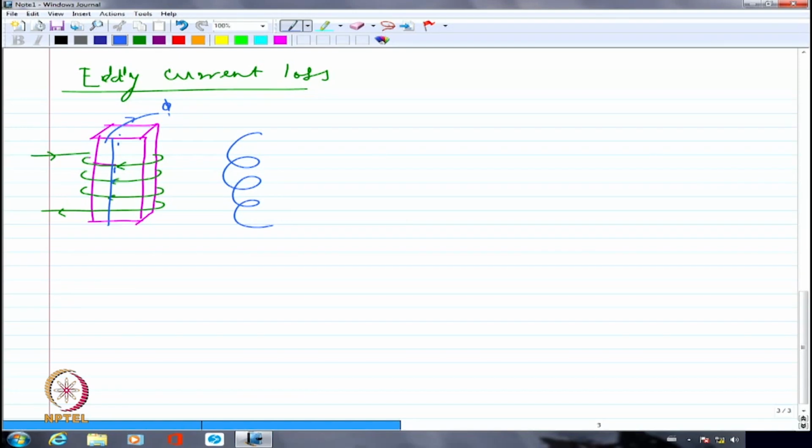But the core which is a conductor, that is also not going to keep quiet. That will also definitely have an induced EMF. So I will have an induced EMF in the ferromagnetic core as well because of the rate of change of flux it is being subjected to. So if I have, let us say, d phi by dt as the rate of change of flux, I'm going to have definitely that much of induced EMF even in the core.